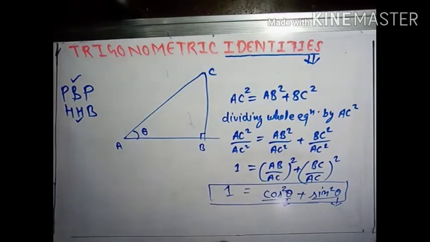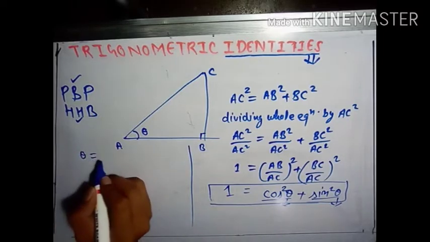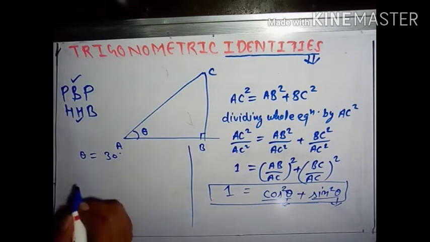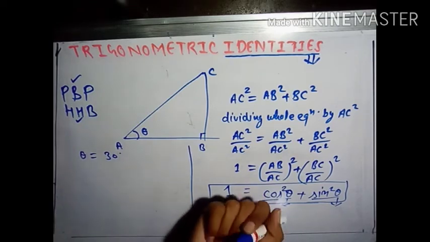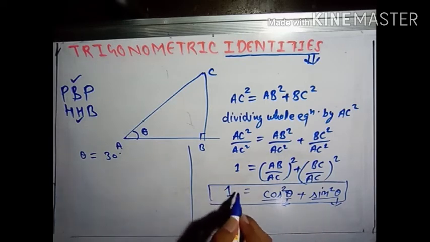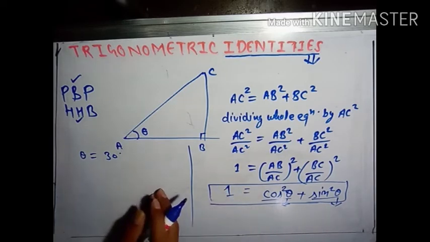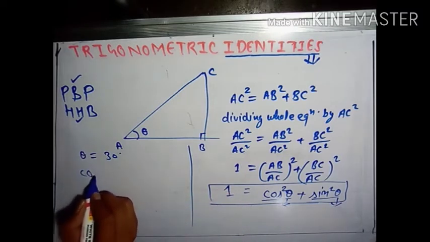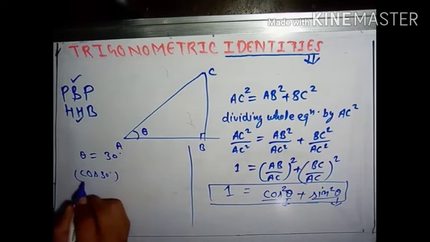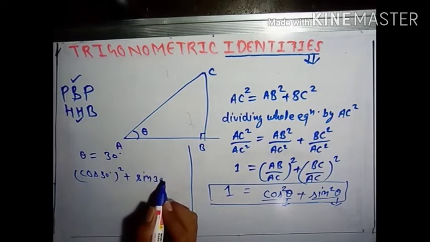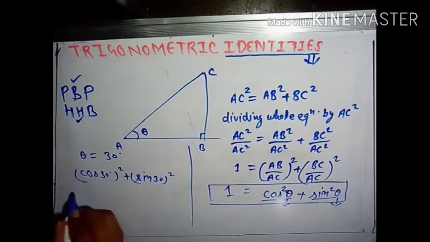So let's check it. Suppose this time I am taking theta equal to 30 degrees. Can we do that? Yes, of course. So let us put the value of theta in this identity, and if we get the sum equal to 1, we can say that yes, the identity is true. So look here, cos 30 degree whole square plus sine 30 degree whole square.